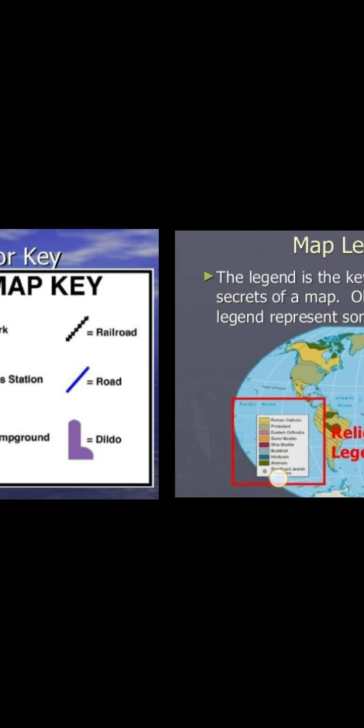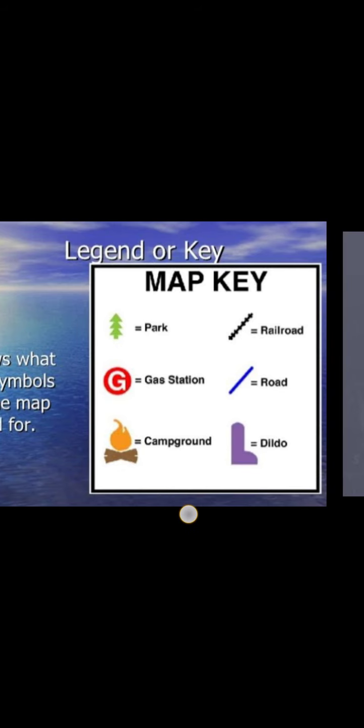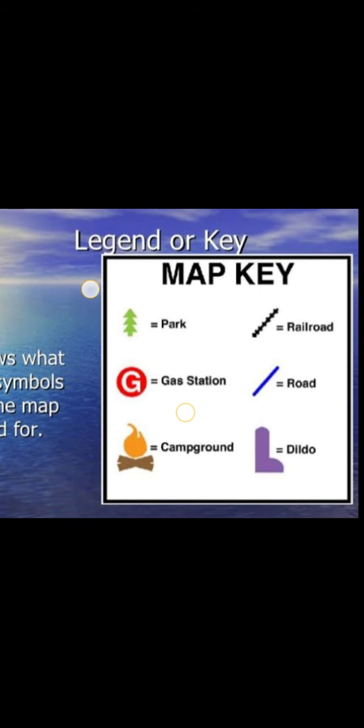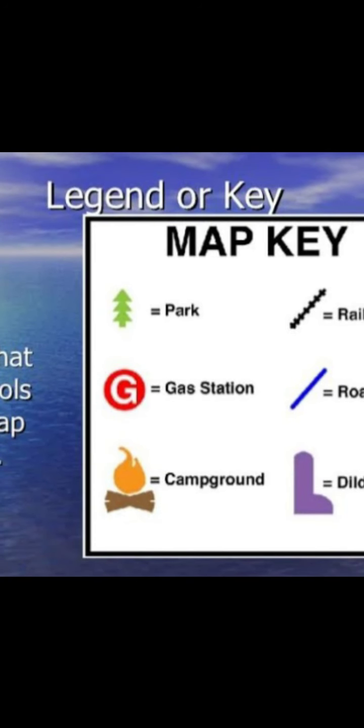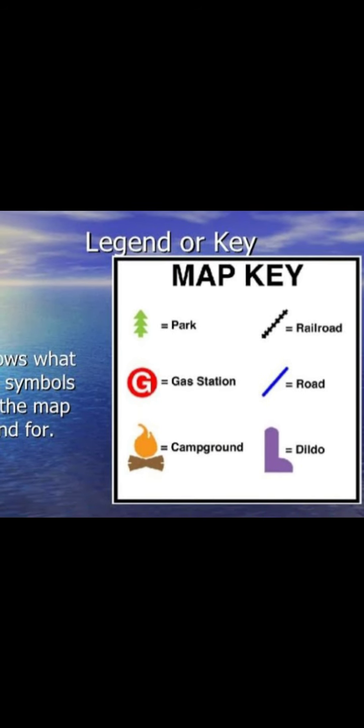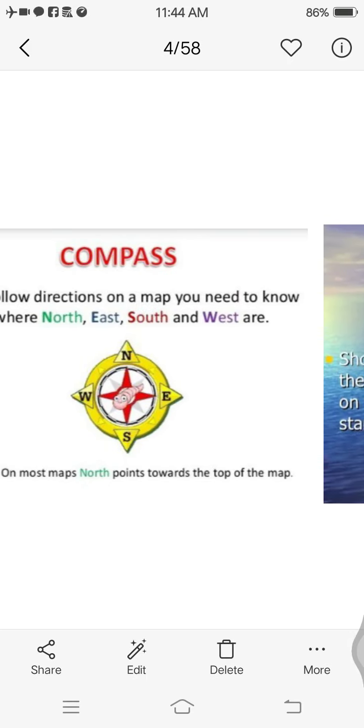The next one is the key or legend, which shows what the colors and points you put on the map represent. For example, you make keys for your map, like a park or whatever, showing the exact information on your map.